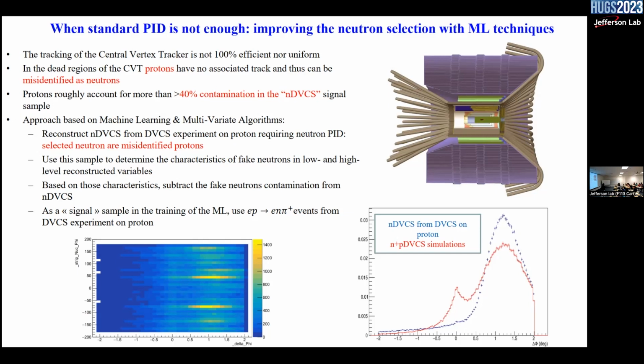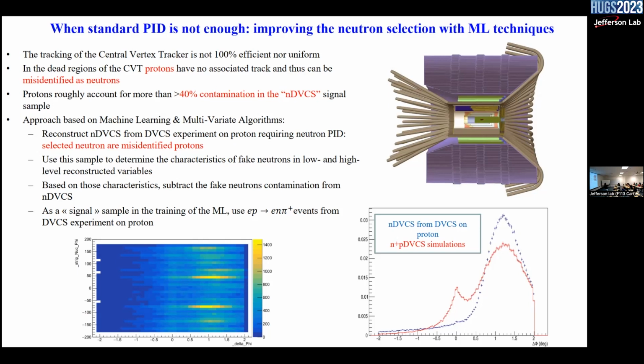One thing that we noticed when we looked at neutron DVCS is that the coplanarity cut that I mentioned earlier, the delta phi cut, had a funny bump on the side instead of being peaked at 0. We thought about it, and we realized that it was due to the fact that an actual proton hit the detector.